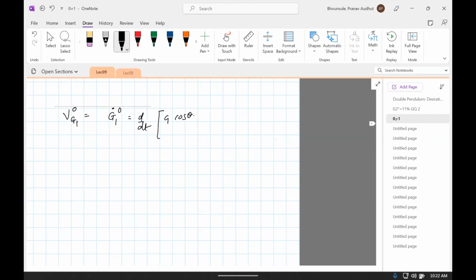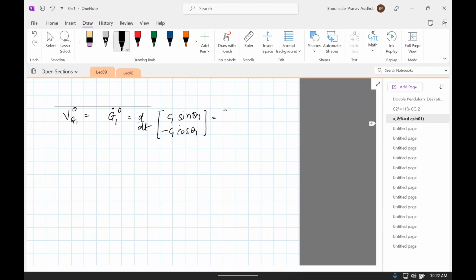C1 sine theta 1, minus C1 cosine theta 1.